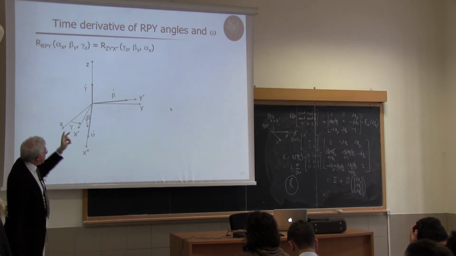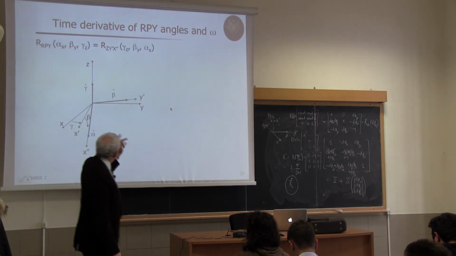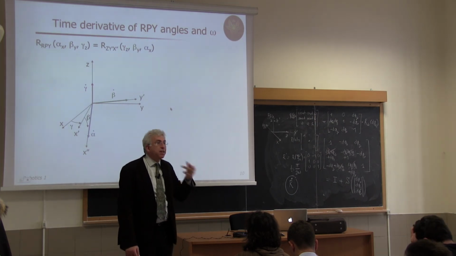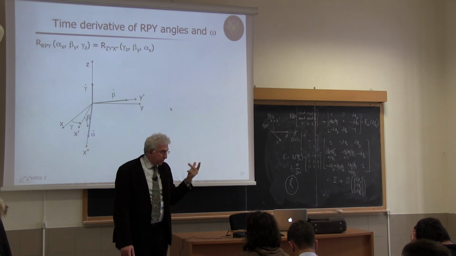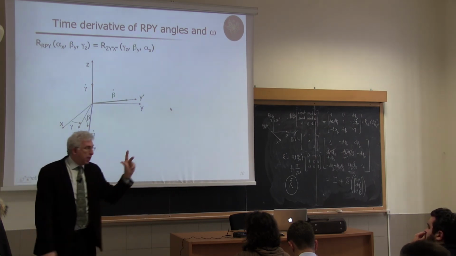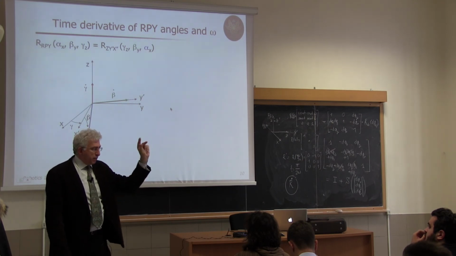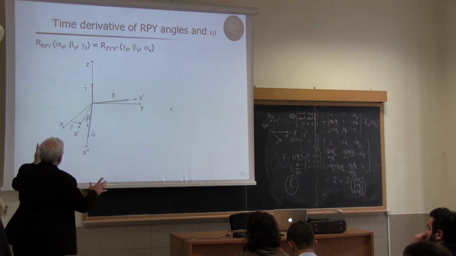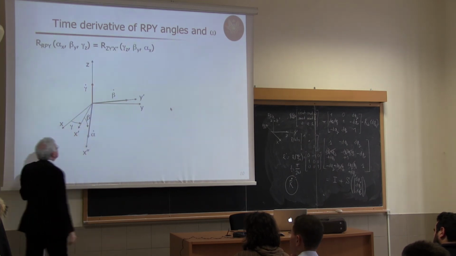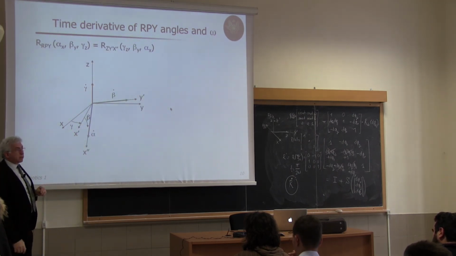Now you see that I have three vectors, the red, green, and blue, that I have to sum, because each of these represents an angular velocity, which is a function of alpha dot, beta dot, gamma dot. But they change in time, because I'm not looking at fixed axes. This depends on the beta and the gamma angle.